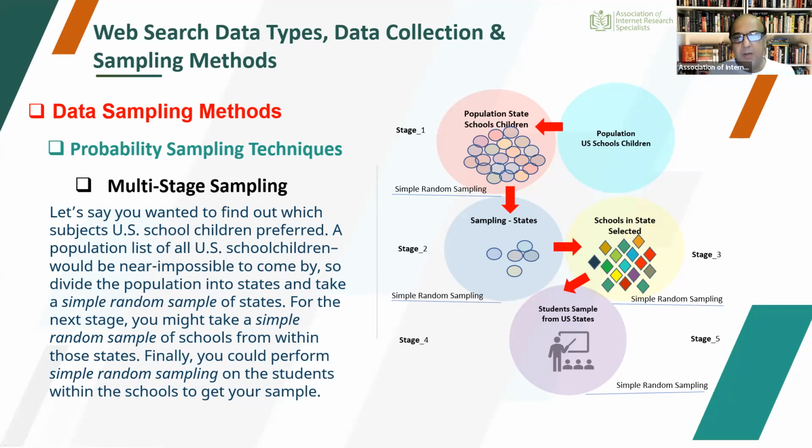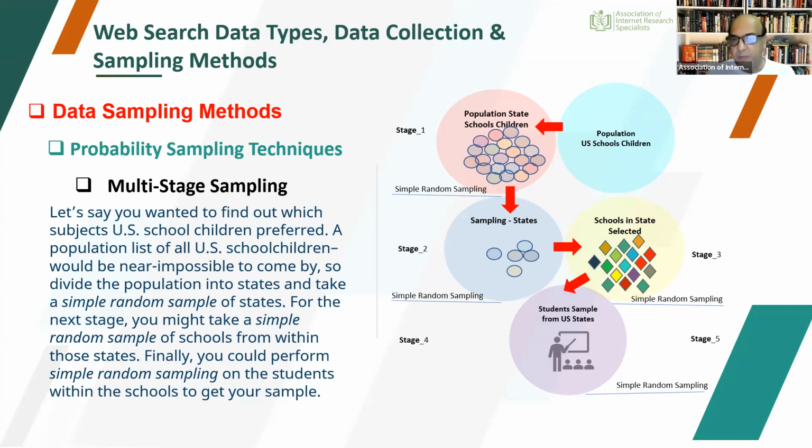In the second stage also, you can do further sampling, reducing the size further by using another sampling technique, but it is in stages. So in the second stage, let's say we have five of these states. From these five states, you are selecting the schools. Here, you selected the states first. In the second one, you're selecting the schools, and right now we're just applying simple random sampling.